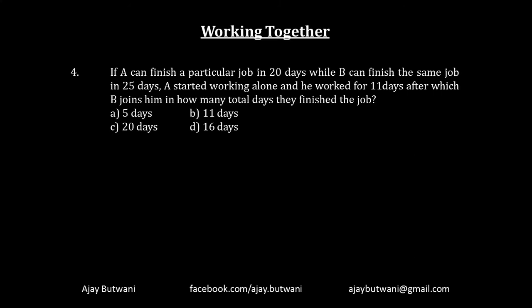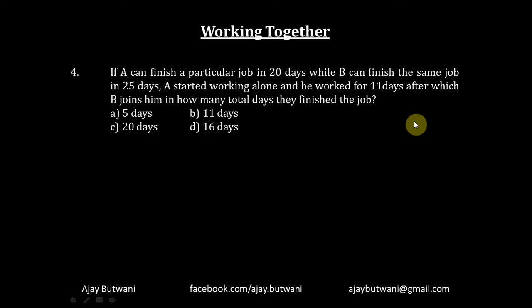In how many total days did they finish the job? Now here, when you are taking the LCM, you are not supposed to consider this 11 for LCM. You are only supposed to consider 20 and 25 for the LCM.